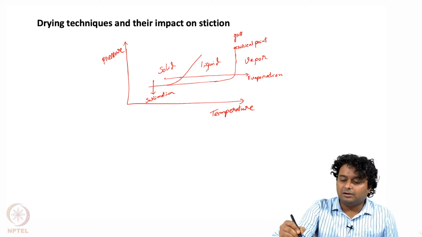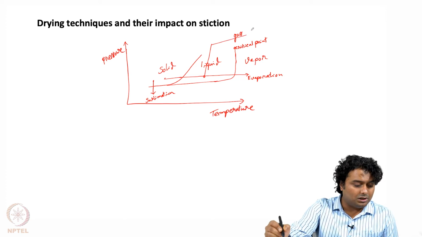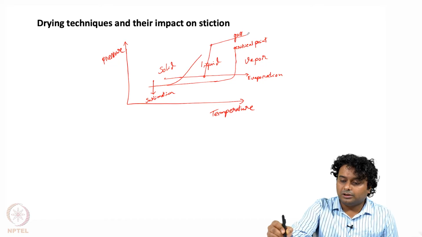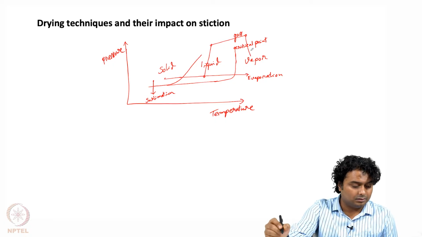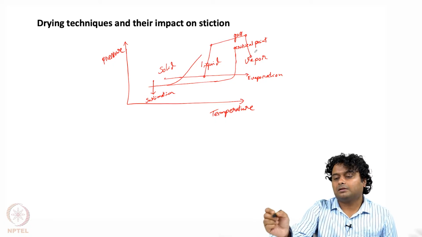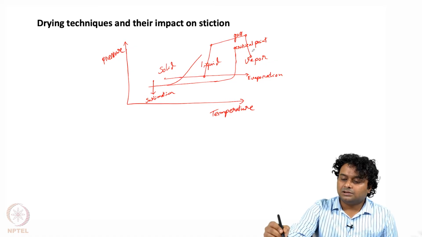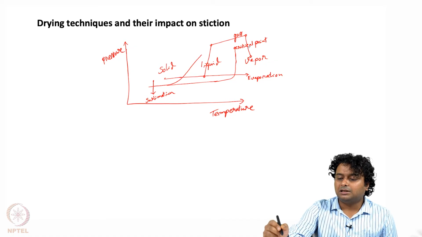Now there is a technique called supercritical drying, where from the liquid phase, by going to higher temperature and pressure, it can go over the critical point into the gas phase. So we increase the pressure, then we increase the temperature, and then again we decrease the pressure to come back to the vapor phase. So we totally avoid the liquid-vapor interface.